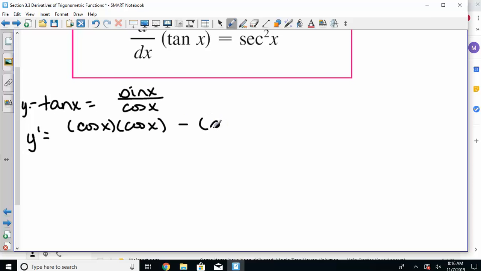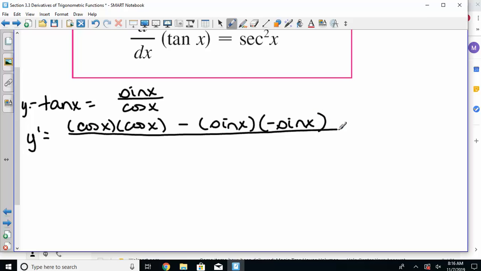Minus high. D low, what's the derivative of cosine? Over low squared.